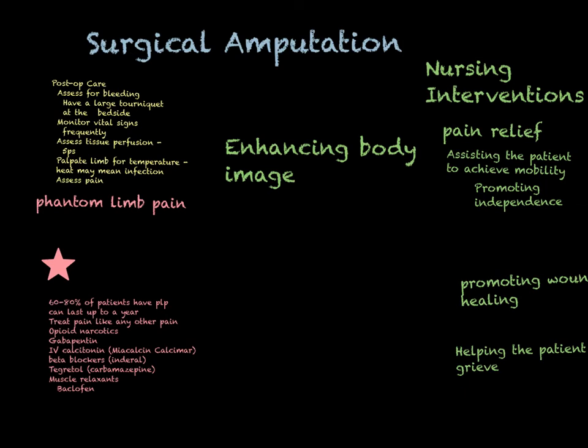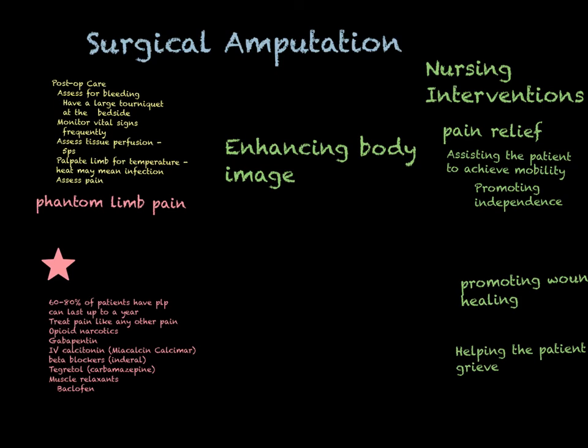Particularly if this person perceives themselves to be young and healthy, and then something occurs that has them go through this procedure, whether it's traumatic or maybe the person has had some injury that hasn't responded to more conservative treatment, cancer in younger people.